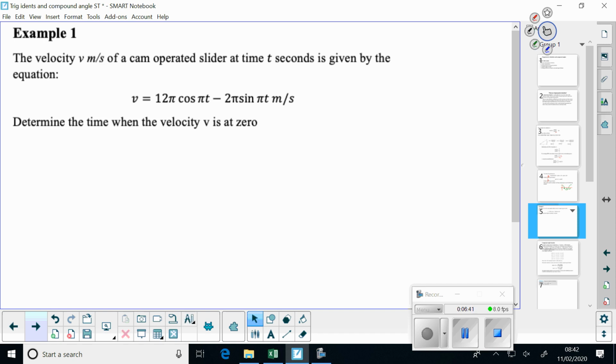Minus 2 pi sine pi t meters per second. So that's the velocity of a cam operated slider at time t seconds as given by that equation. So determine the time when the velocity v is at 0. Okay.